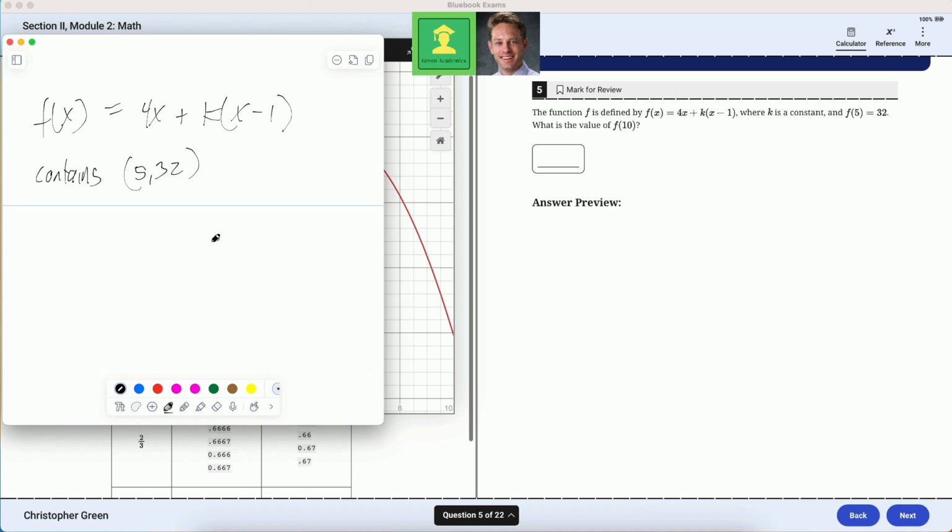As in when you put in 5 as x, you get 32 as the answer. So 32 is the output when you do this and this. So 32 is 20 plus 4k.